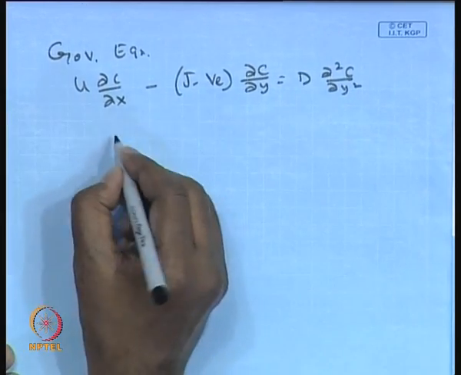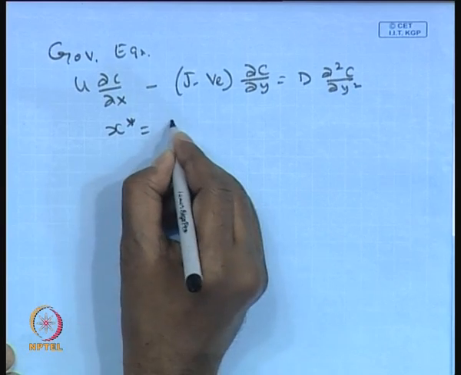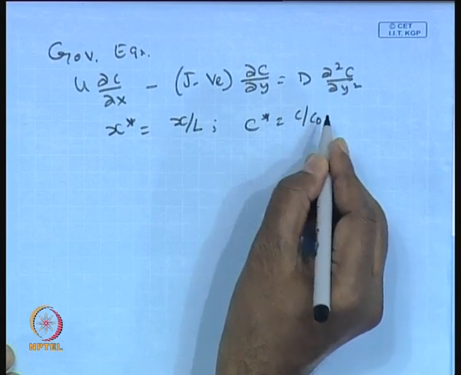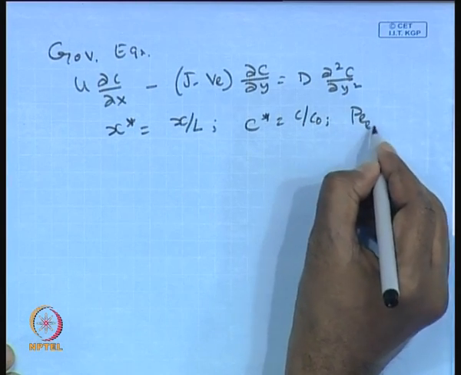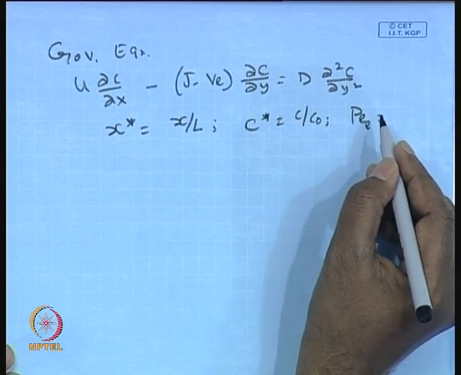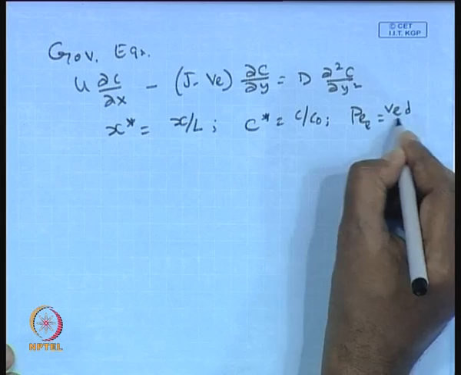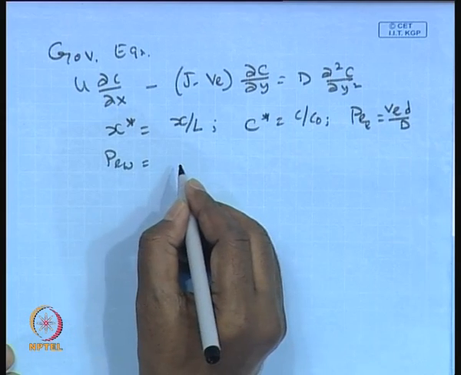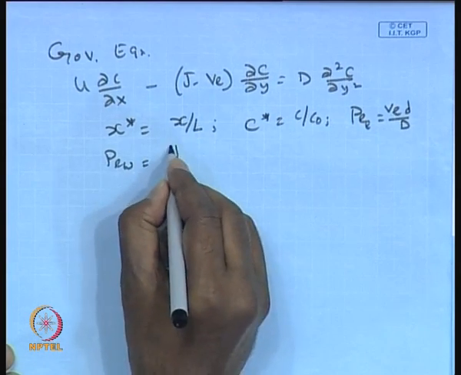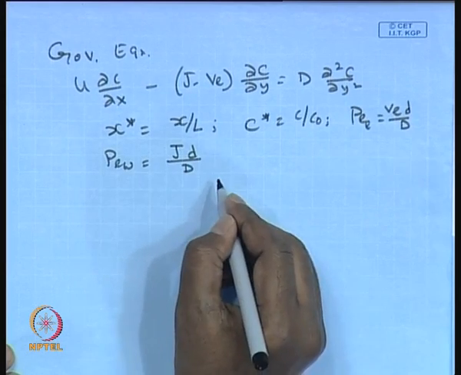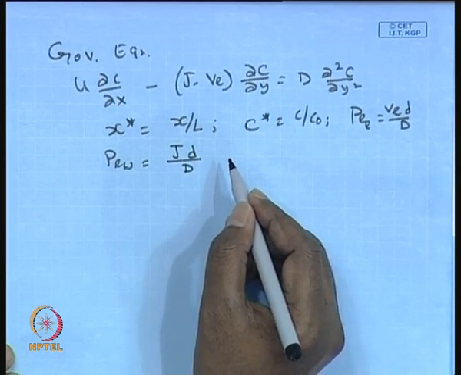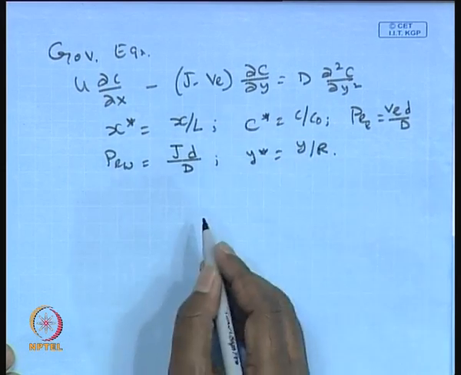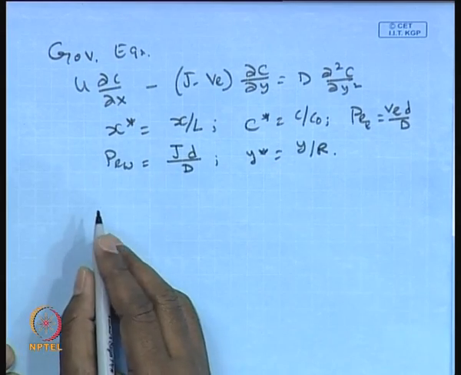Now, let us make it non-dimensional by x star as x by L, the length is known, C star as C by C naught, P_E^E, the Peclet number because of electric field, becomes V d by D, P_E^W, the Peclet number because of the wall suction, that is J d by D, D is the diffusivity and this small d is nothing but the diameter of the tube, and y star is equal to y by r, r is the radius.